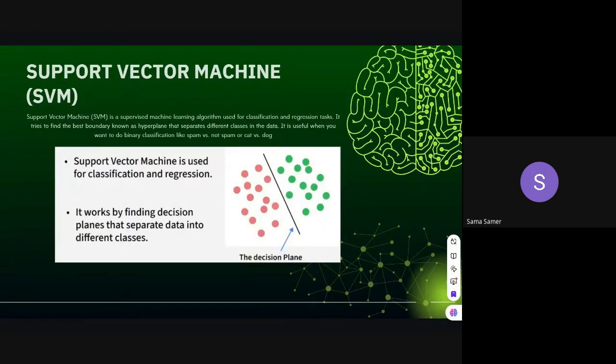The support vectors. Do you know what the support vectors are? Why do we use support vectors?